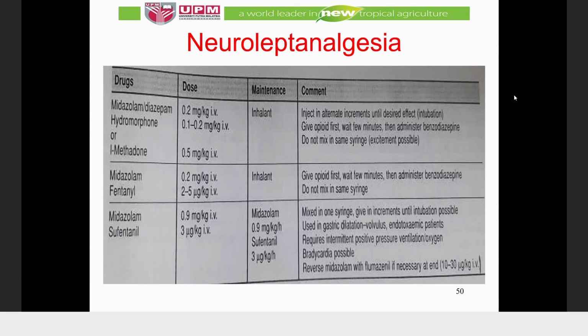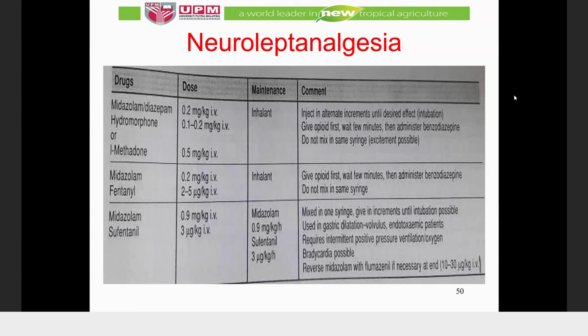Another combination is midazolam and fentanyl. Again, give the opiate first, wait a few minutes, then administer the benzodiazepine. Do not mix in the same syringe again, but midazolam and fentanyl can be mixed in one syringe.